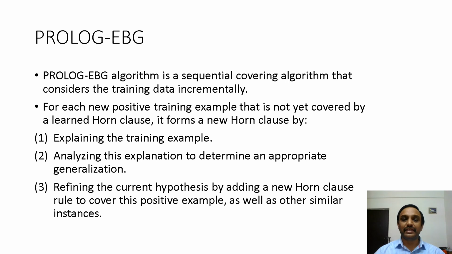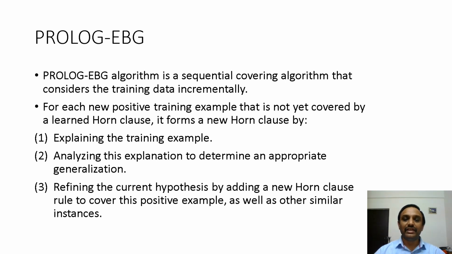First, explaining the training example. After that, we have to analyze this explanation to determine whether it is an appropriate generalization or not. And refining the current hypothesis by adding this new Horn clause rule to cover this positive example as well as other similar instances.